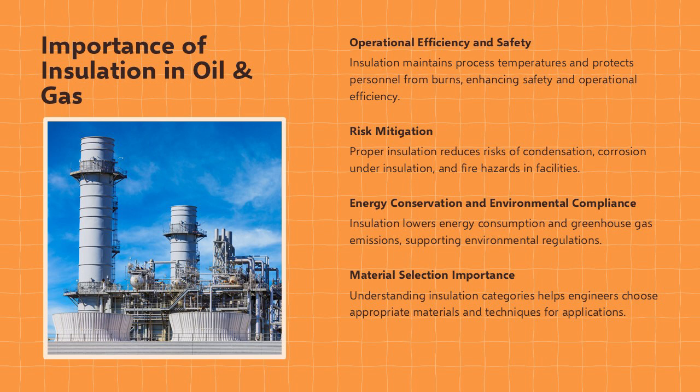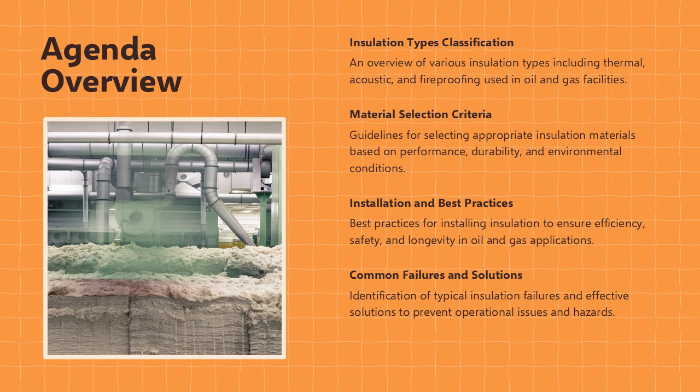Understanding the different categories of insulation is essential for engineers and maintenance teams to select the right materials and techniques for specific applications. This presentation will cover: 1, classification of insulation types; 2, detailed discussion of thermal, acoustic, personnel protection, fireproofing, weatherproofing, and heat tracing insulation; 3, material selection criteria; 4, installation best practices; 5, common failures and solutions; 6, a real-world case study; and 7, summary and recommendations.